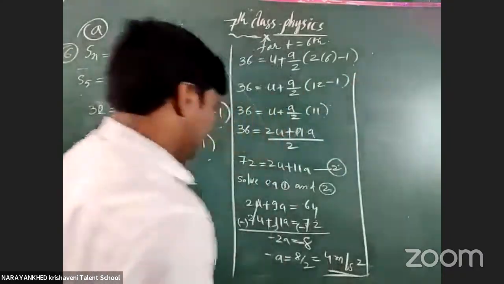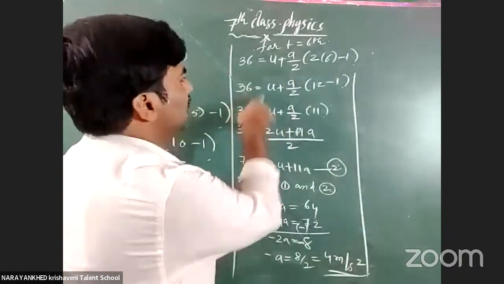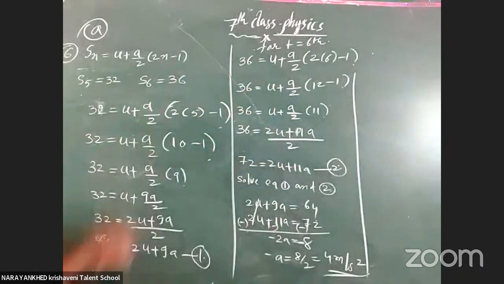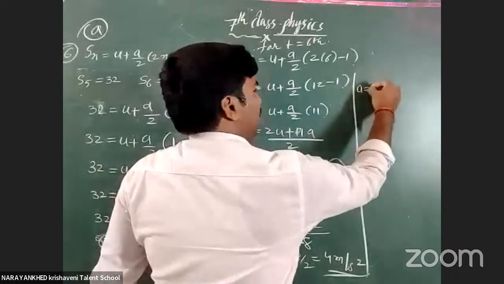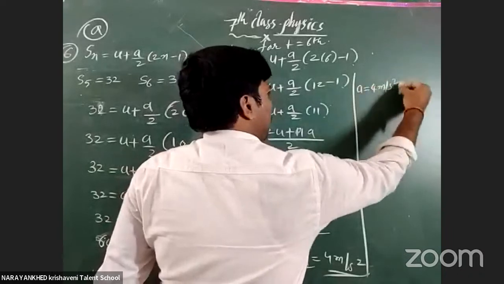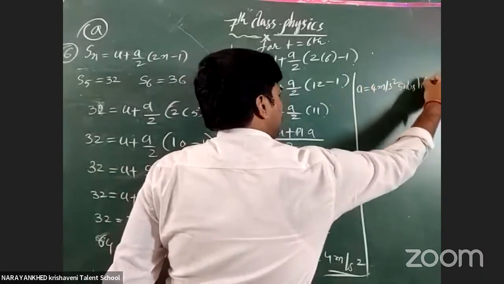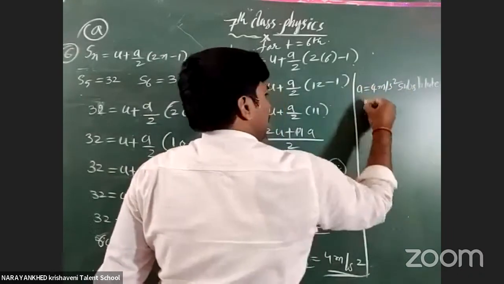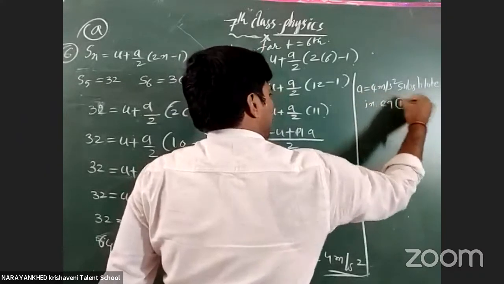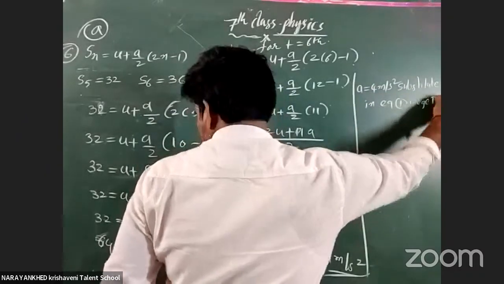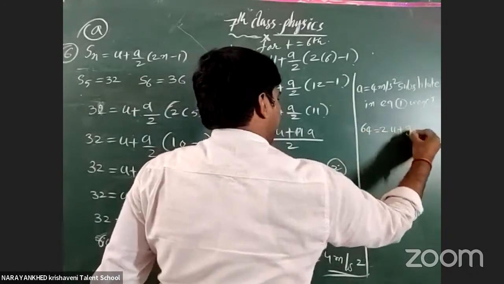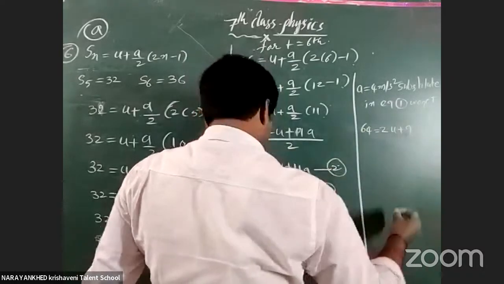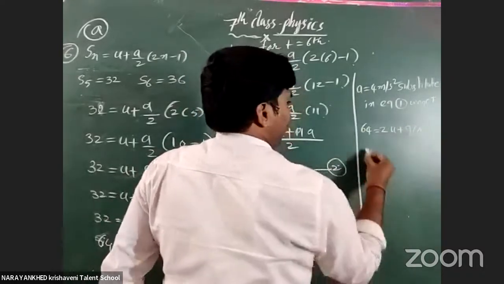Next, substitute in any one of the equations. a is equal to 4 meter per second square. Substitute in equation 1: 64 is equal to 2u plus 9 into 4.